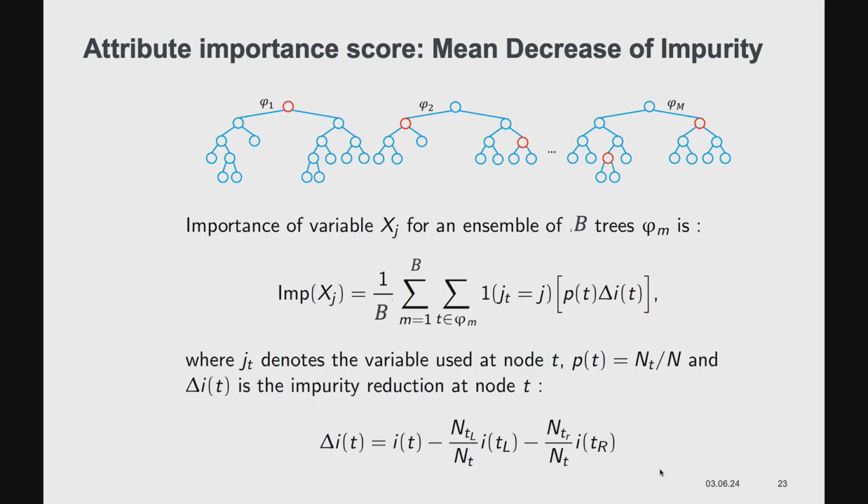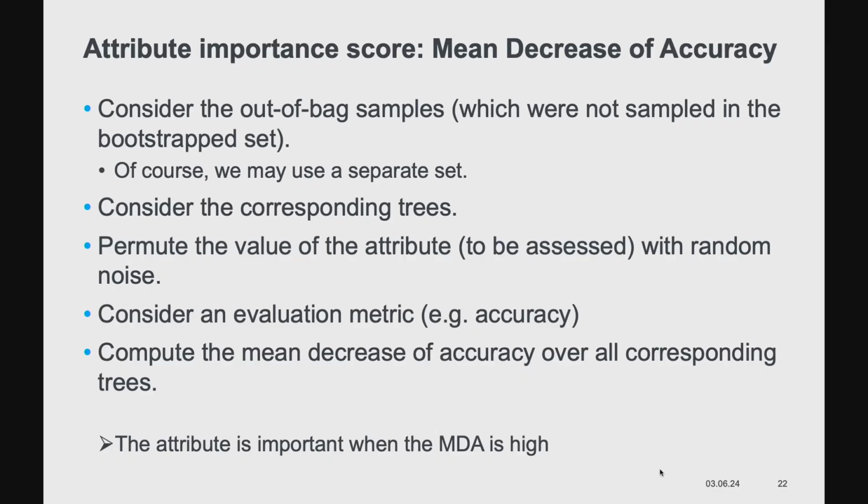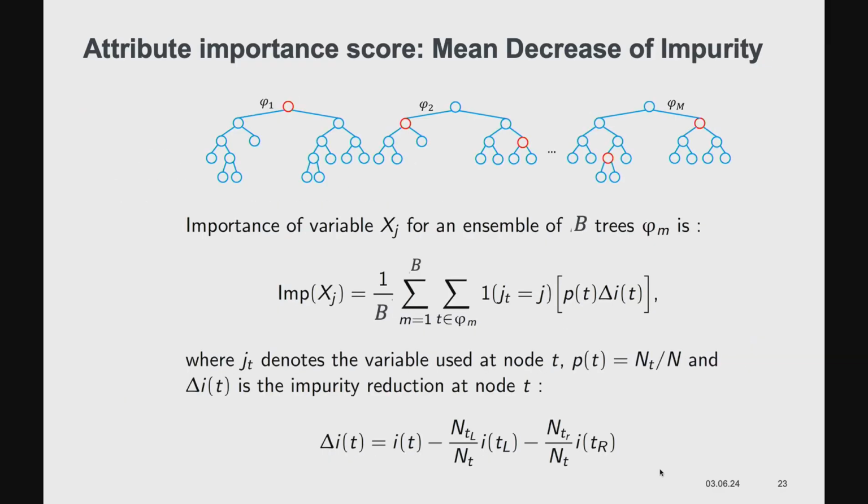In order to handle these problems, one sometimes chooses, instead of the mean decrease of accuracy, the mean decrease of impurity. This is not the same, right? Accuracy means then eventually that on a test set, which was independent from the data I had, I assess the importance of an attribute.